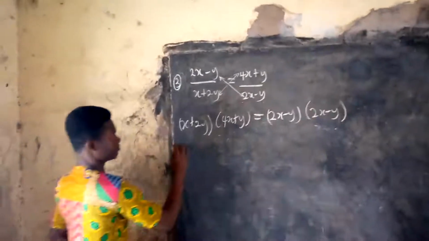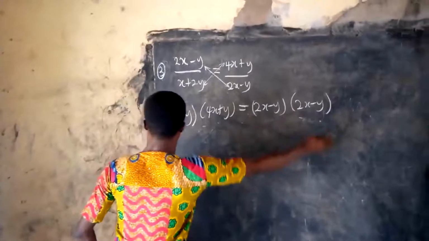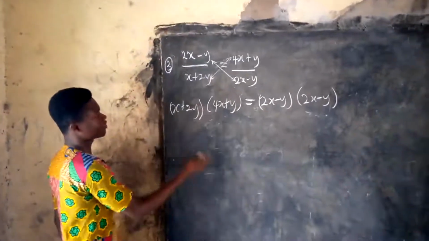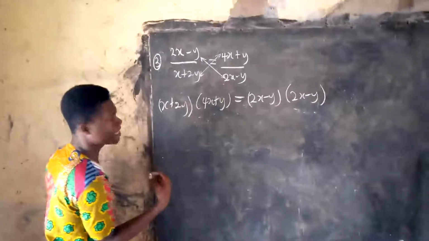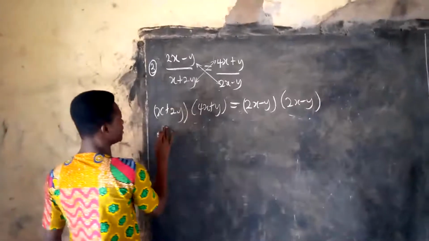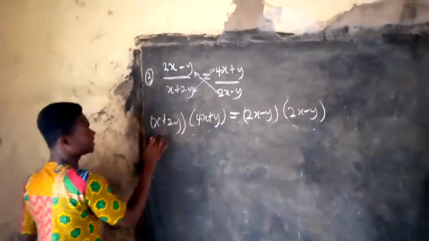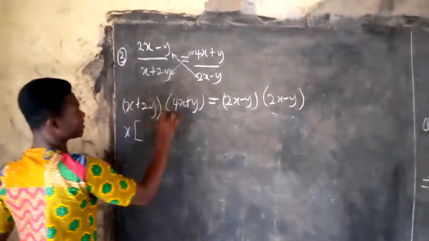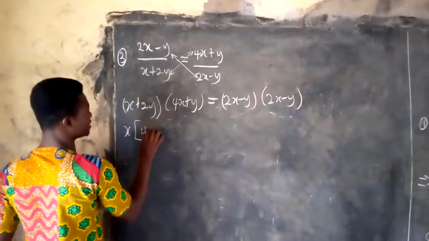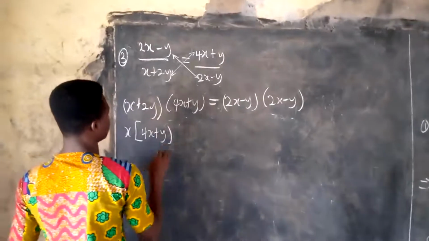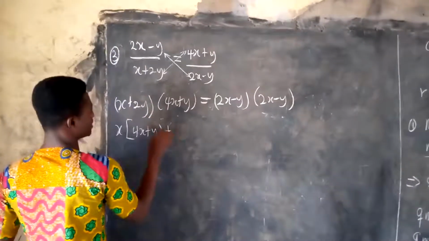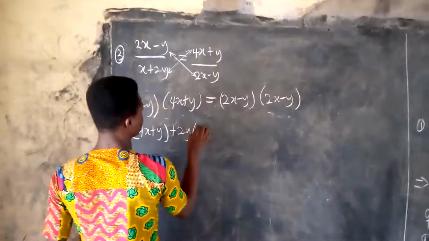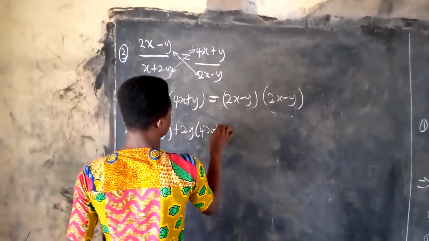Now, this is an expression, and this is also an expression, so we do what we call expansion of the expression. The expansion means we open up the bracket. So we take the first term in the first bracket and operate it on the second bracket, plus take the second term here and operate it on the second bracket.